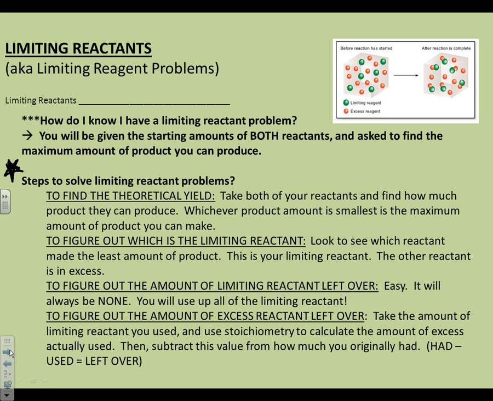So steps to solve limiting reactant problems, we have to find the theoretical yield. That means stoichiometry. So theoretical yield is our perfect world yield, right? Do we have to take two theoretical yields since we're given two reactants and the amounts of both? That's true. We would have to do two theoretical yield problems to figure out which one would give us the least amount of our product.